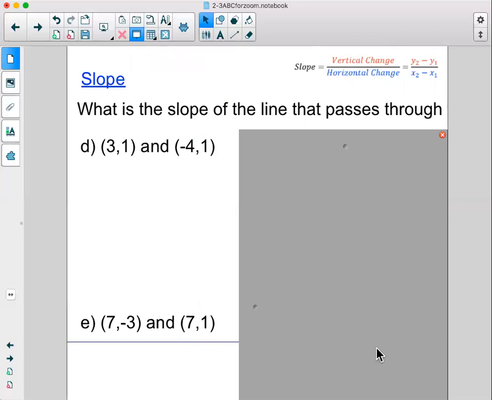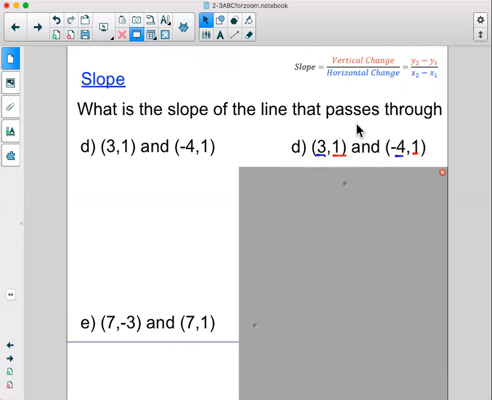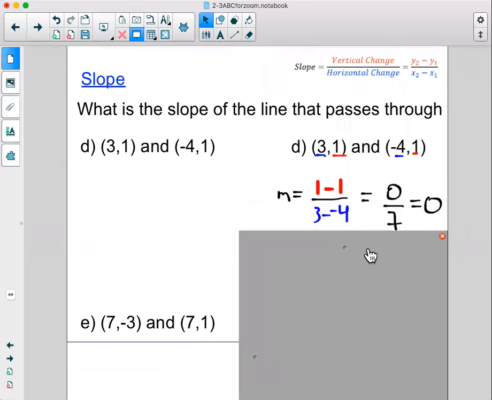So pause the video and on your own paper find the slope of the line that passes through these 2 points in each of 2 separate problems. And then press play for the solution. So rise, we'll compare our y values for the numerator. Run, compare our x values for the denominator.